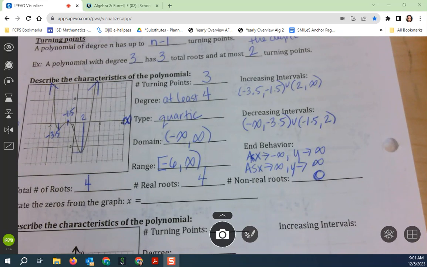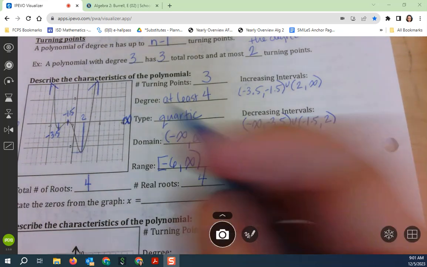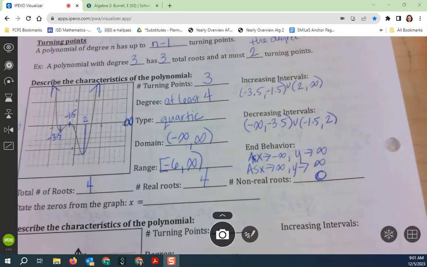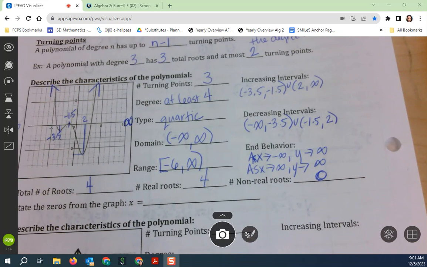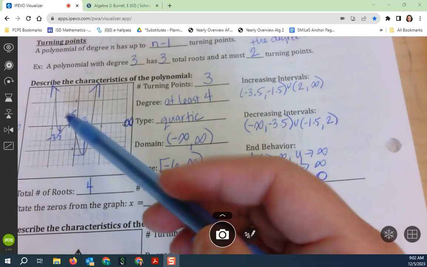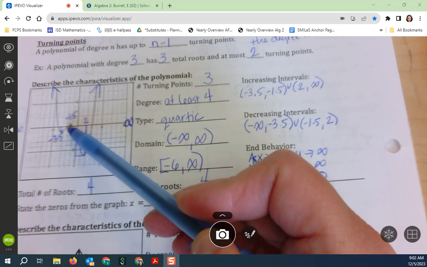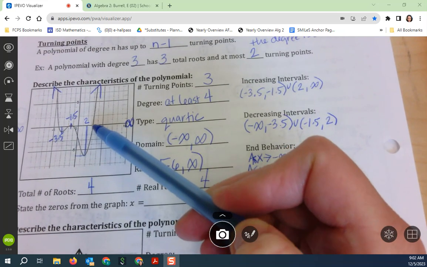Then it says to state the zeros from the graph. So you're just writing down where that graph crosses the x-axis. And you don't have to write them as points, only if it says x-intercepts. So I'm seeing -4, -2, -1, and 3. Are you guys seeing the same numbers? -4, -2, -1, and 3.